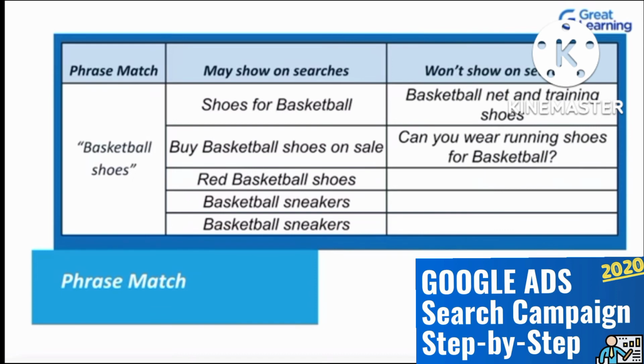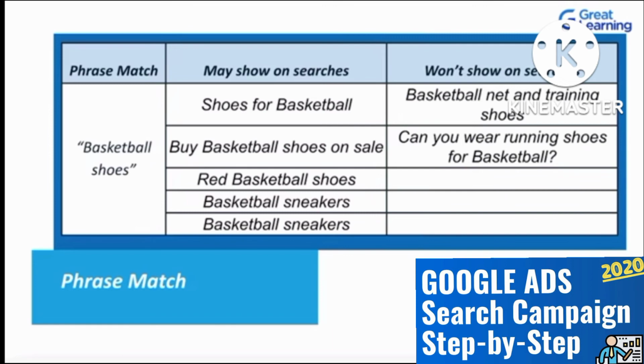Basketball shoes on sale, you didn't mention on sale, but it essentially has a similar or implied meaning. That is when Google is still showing the ads for that. And it shows red basketball shoes, basketball sneakers. So these keywords essentially are similar to the ones that you have in mind. So hence Google shows those keywords too.